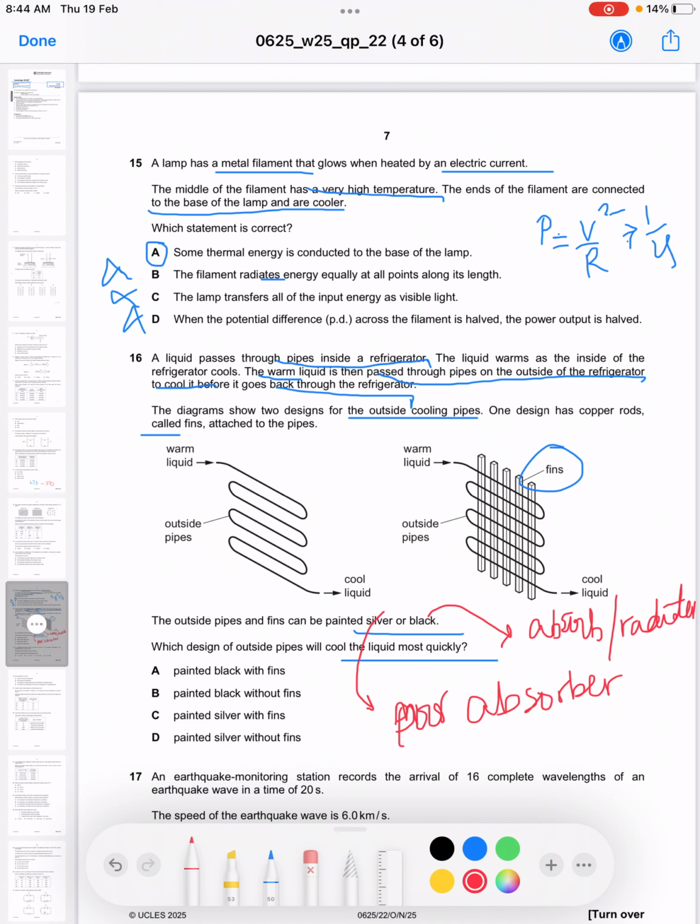It means that if we talk about the color, we must choose black, right? So we have options A and B for black. The silver one is cancelled.